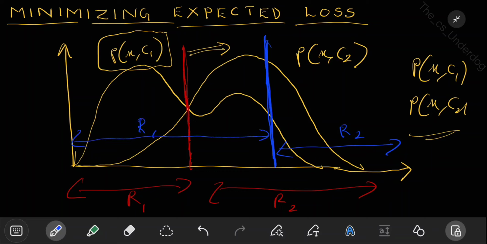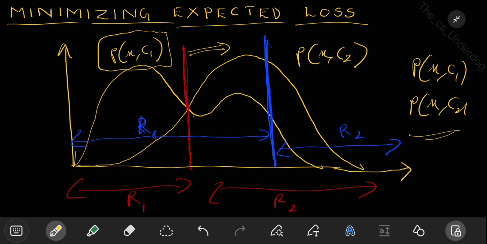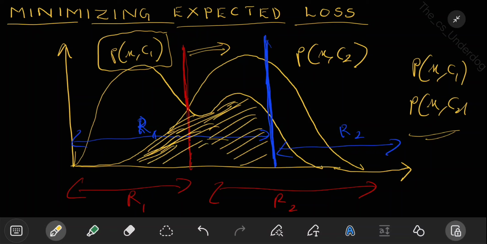As we previously said, this decision comes at the expense of marking some of those which are actually not an enemy as enemy, and that is denoted by this area. This area is actually not an enemy, or it can be an enemy as well, and this part is surely not an enemy, but you are still classifying it as enemy because you cannot afford the mistake that you would cause here.